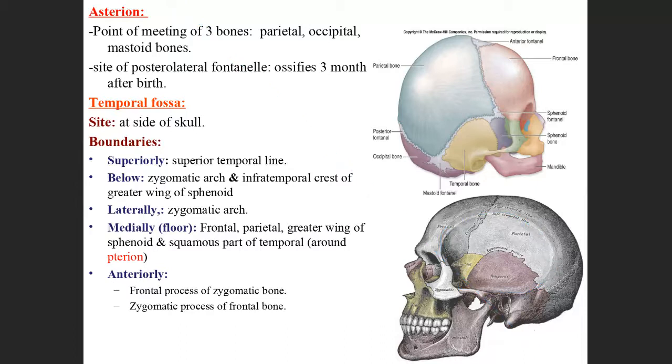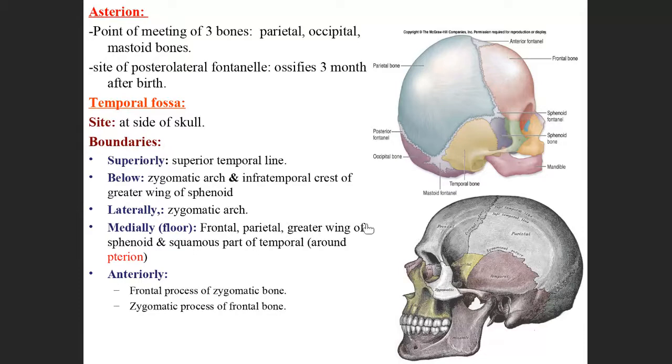And then laterally, the zygomatic arch here. This is the zygomatic arch. And medially what do you have? Medially there is the frontal bone, the parietal bone, the greater wing of the sphenoid and the squamous part of the temporal bone. All these are on the medial side. Anteriorly, the frontal process of the zygomatic bone and the zygomatic process of the frontal bone.